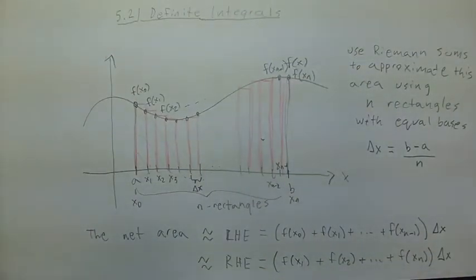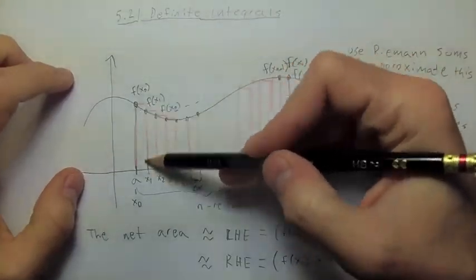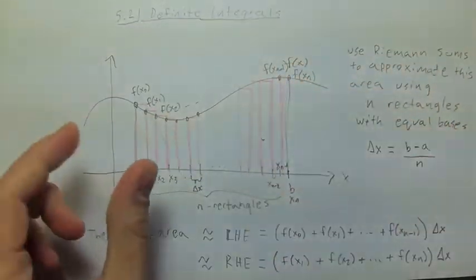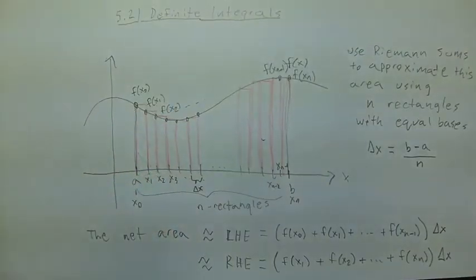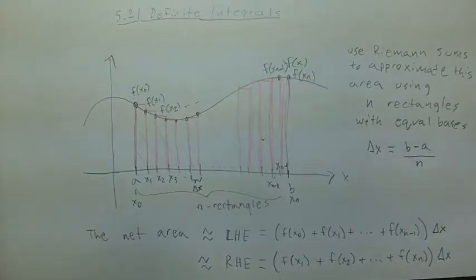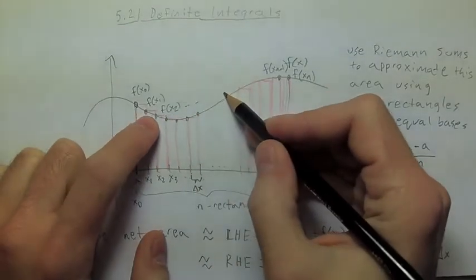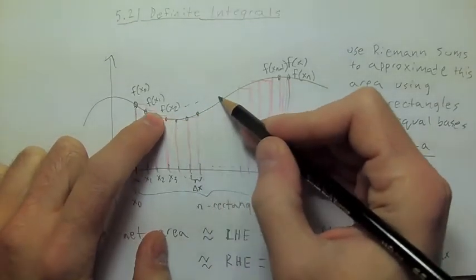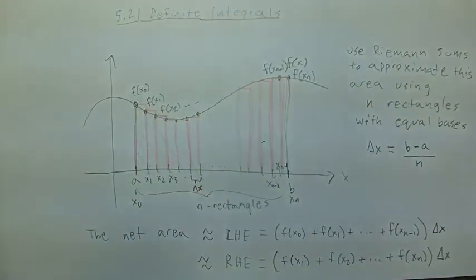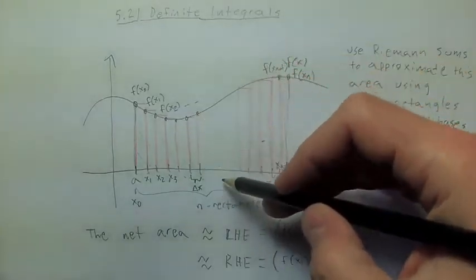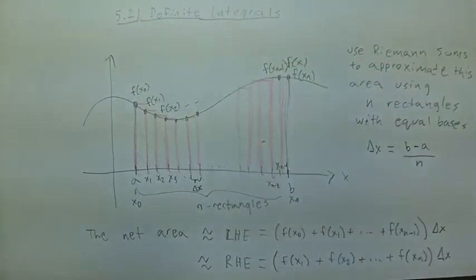And when we do that, as we increase the number of rectangles, what happens to the bases? Well, the bases start getting smaller and smaller. This should be reminiscent of when we found the derivative. We took secant lines, remember, and let the interval shrink down to 0, and we get the tangent line. We're doing the same thing now. We're taking areas of rectangles and letting their widths shrink down to 0.